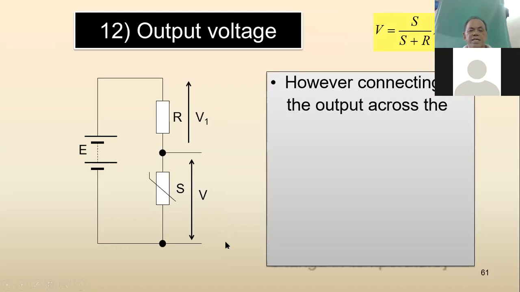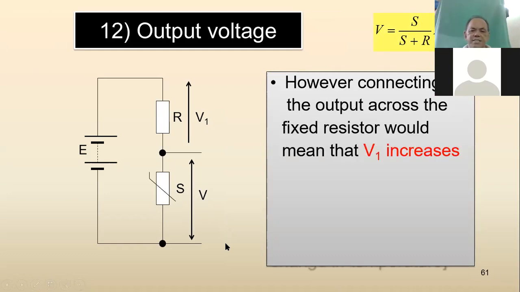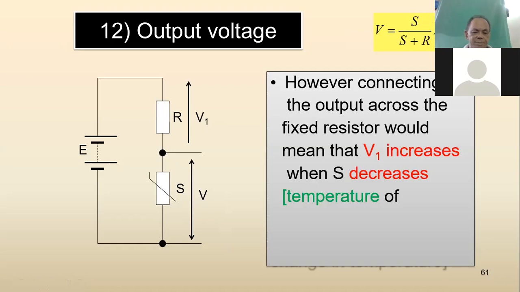So you must connect across the correct resistor. However, connecting the output across the fixed resistor means that V1 increases when S decreases. When the environment temperature increases, that resistance will decrease, and that potential difference will increase.